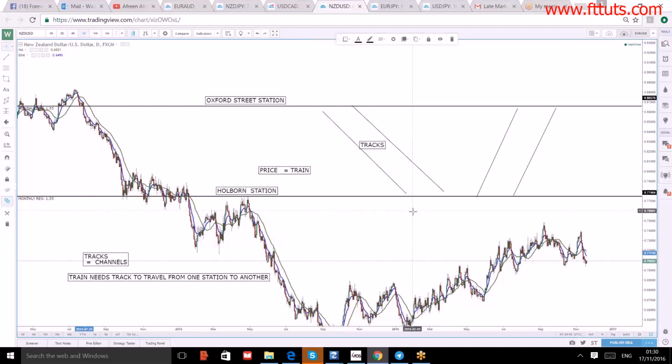Okay, now, guys, your stations are your horizontal support and resistance, right?